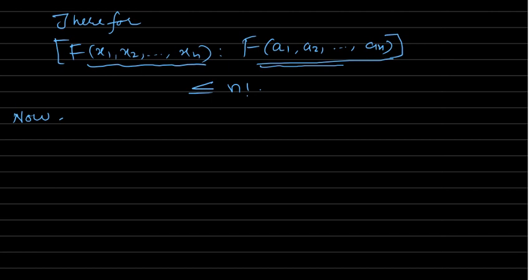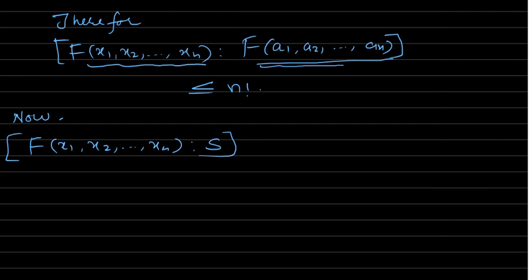Now let's see this. Actually we want to find the degree of F(x1, x2, ..., xn) over S. So now we find the degree of F(x1, x2, ..., xn) over S. This S contains the field F(a1, a2, ..., an).